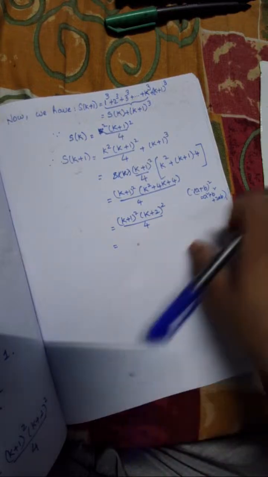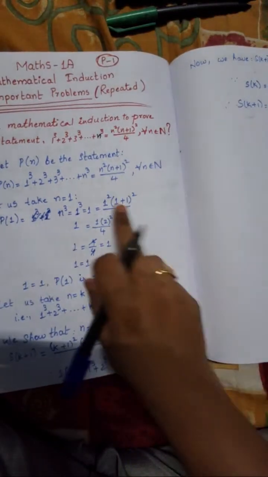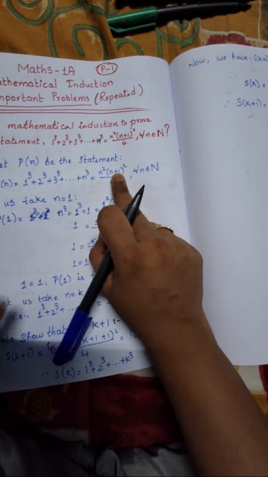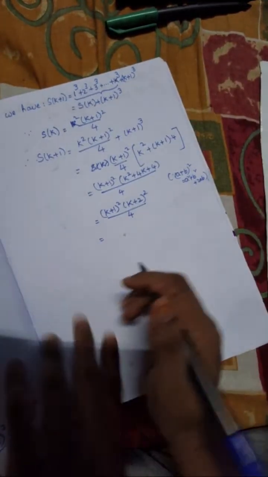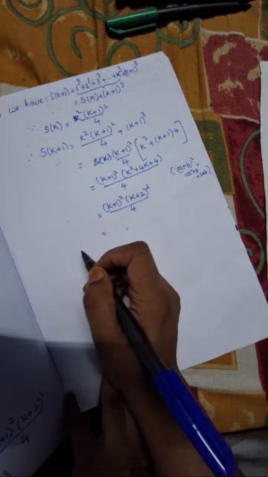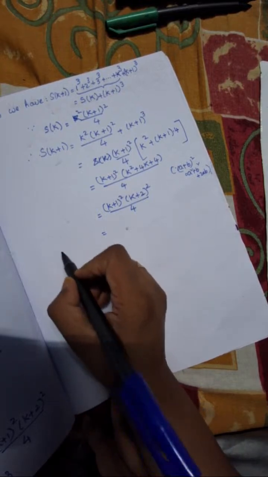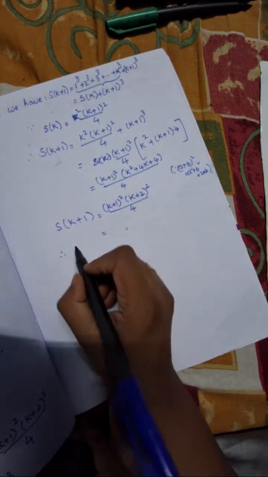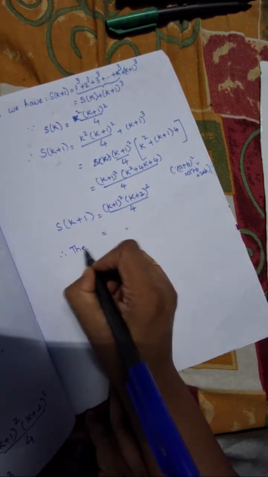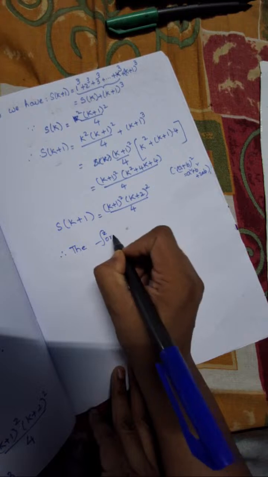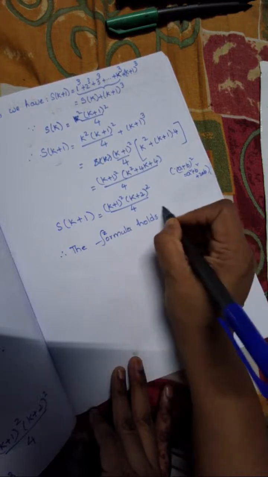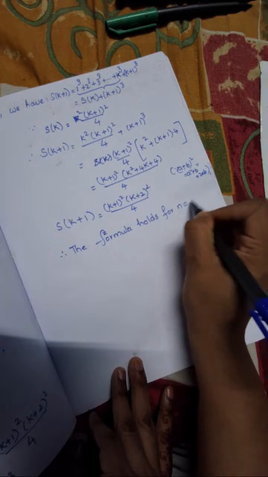What we have obtained here is in the form of (k+1)² (k+1+2)² by 4. So we have proved that n equal to k+1 holds for this formula. Therefore, S(k+1) is proved. So the formula holds for n equal to k+1.